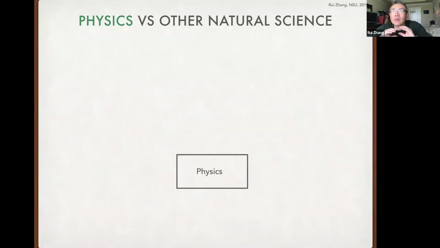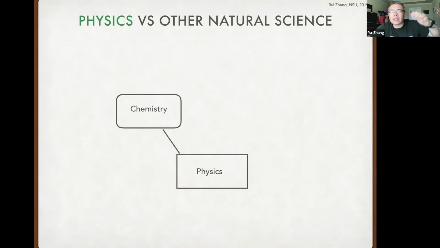Physics gives you the most fundamental possible understanding of nature, and above physics you can build chemistry. Chemical reactions are determined by the structure and properties of chemical compounds, those properties are determined by the atomic structures of the molecules, and those are determined by quantum mechanics. This is how chemistry can be traced back to physics.